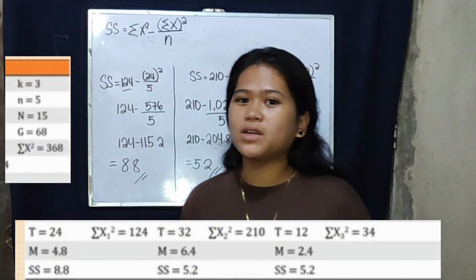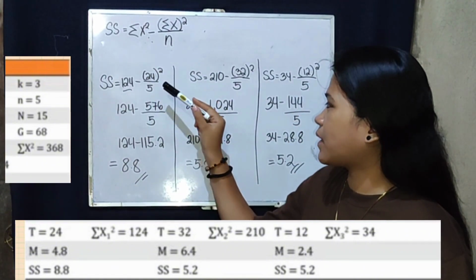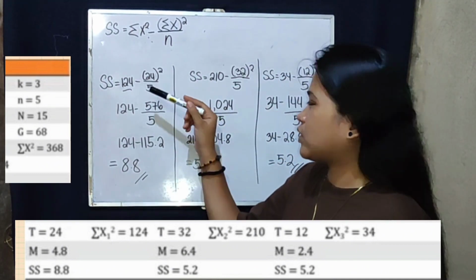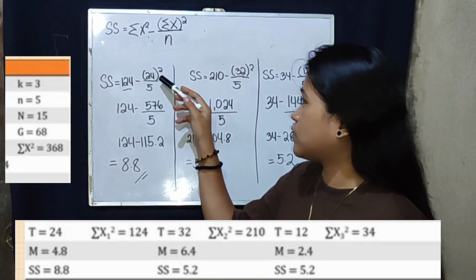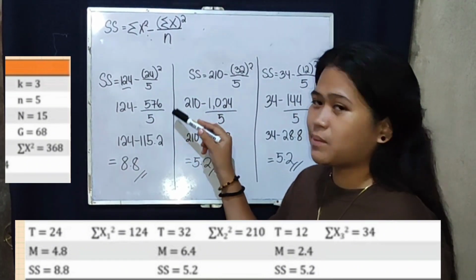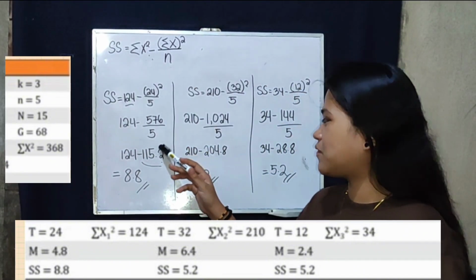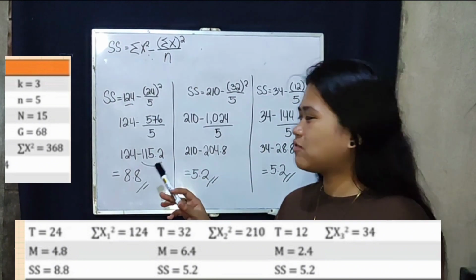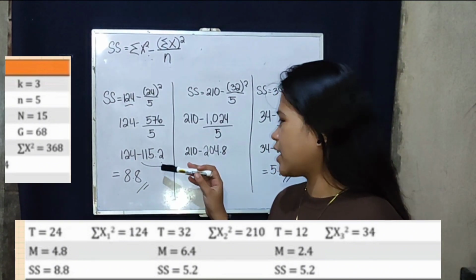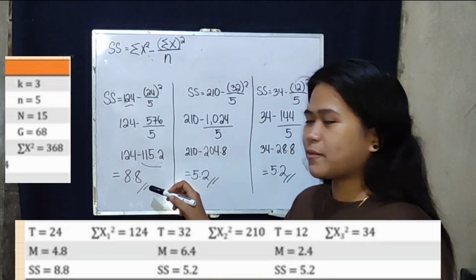Atong 24 kay mao ni atong total, squared, divided by 5. Then ang atong unahon og solve ani kay ang 24 squared. So 24 times 24 equals 576. So 576 divided by 5 equals 115.2, then 124 minus 115.2 equals 8.8. So, mao ni ang sum of squares.